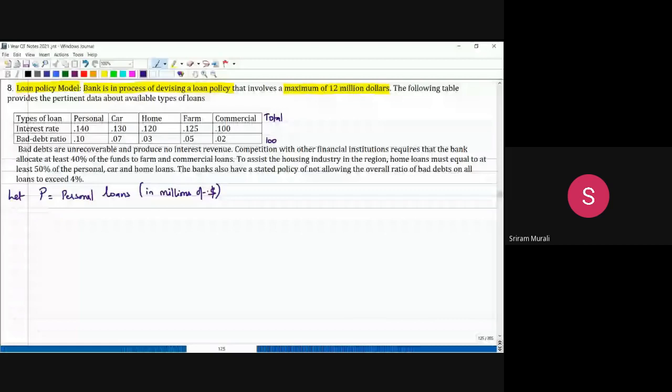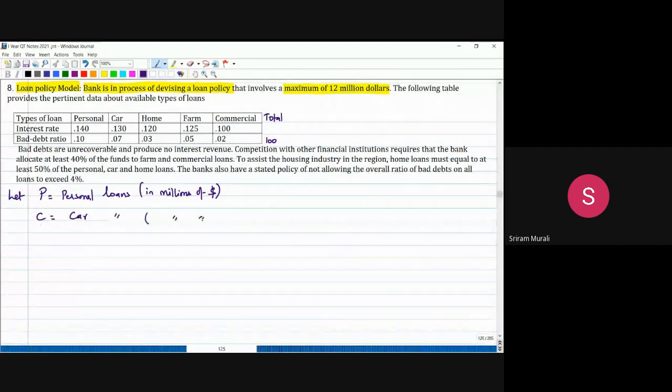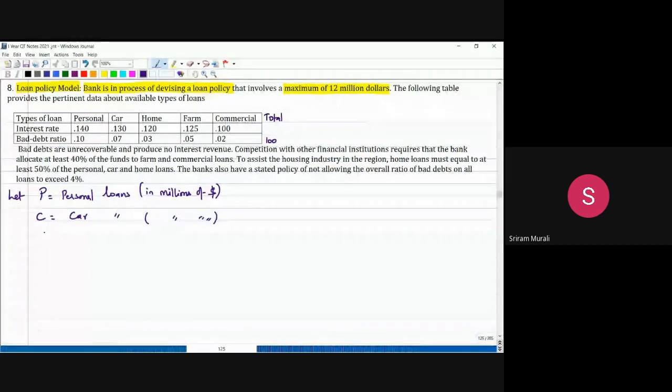C is the car loan, also in $1 million. And H is the home loan, also in $1 million.